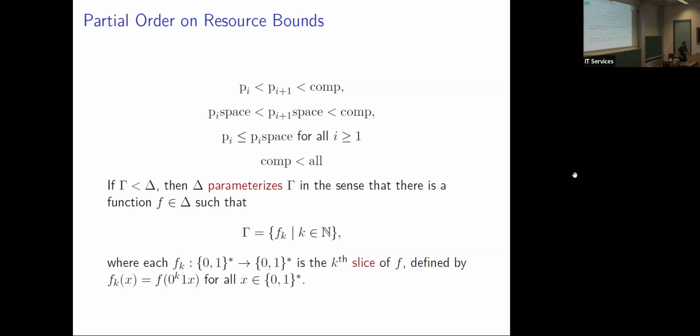In general, if gamma is less than delta in this order, then delta parameterizes gamma, in the sense that there's a function f in delta where gamma is f_k such that k is in N, where f_k is the kth slice of f. So basically delta is capable of enumerating everything inside gamma.